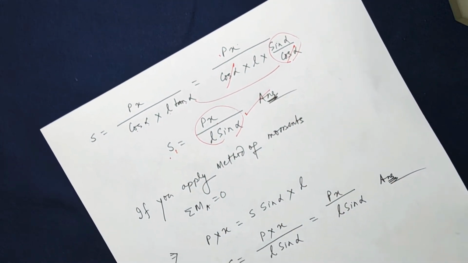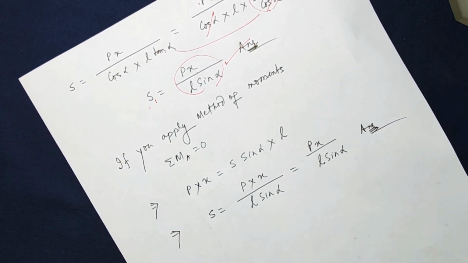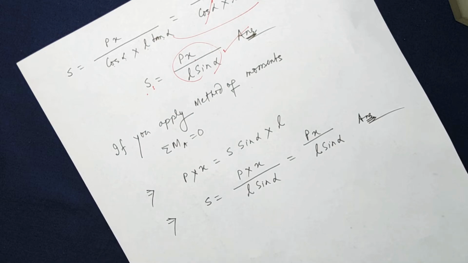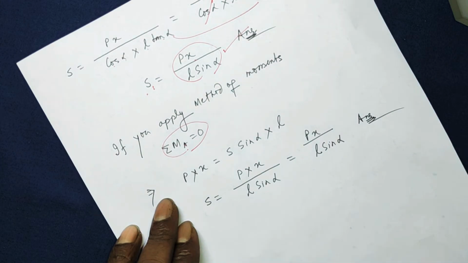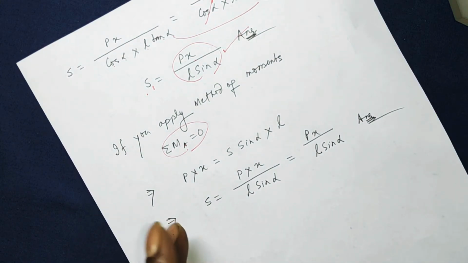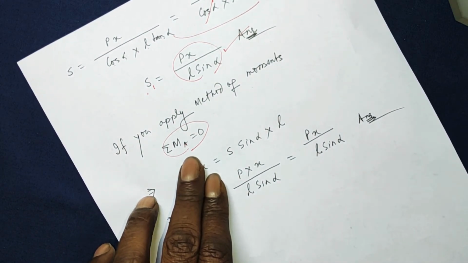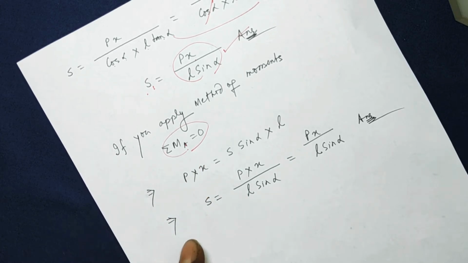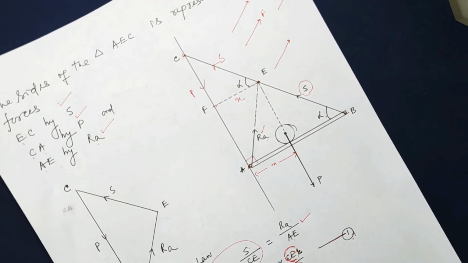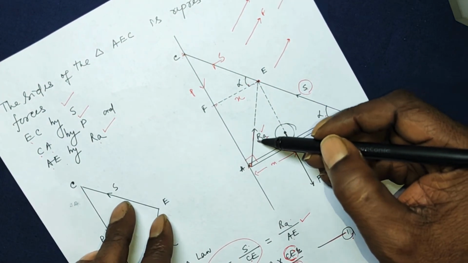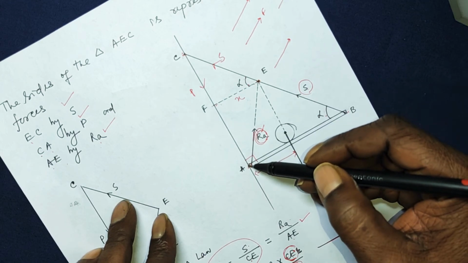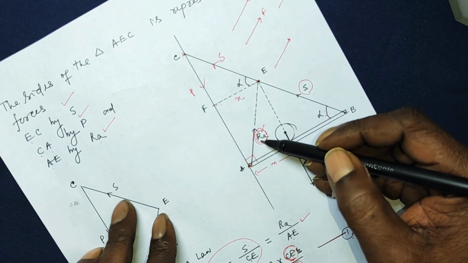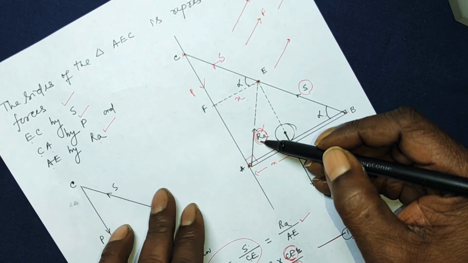But if you apply the method of moments, it will be faster. So let us apply the method of moments about point A, and let us see which forces will have some turning effect about point A. Now, obviously, the reaction force RA is passing through point A, so RA does not have a perpendicular distance from point A and does not contribute any turning effect.